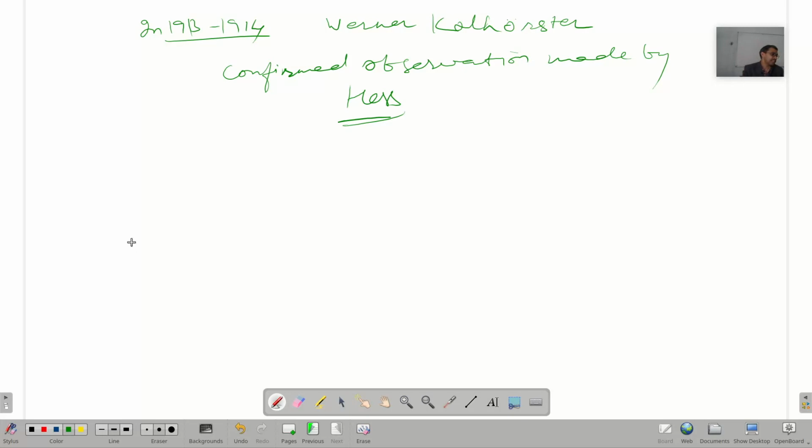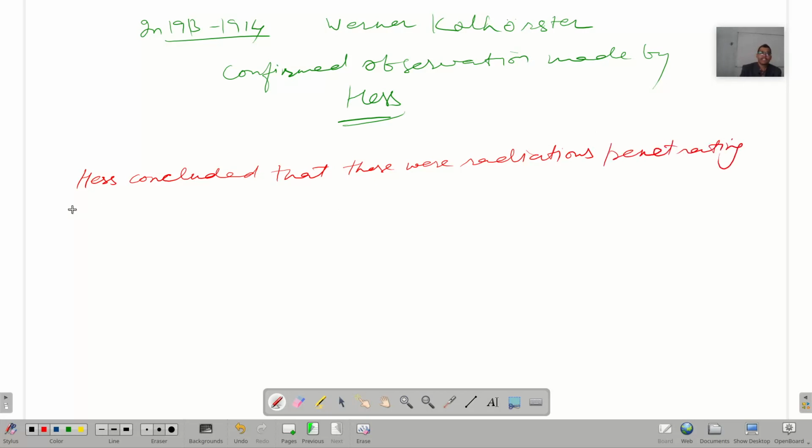So Hess concluded, on the basis of his experiments, that these were radiations penetrating the atmosphere from outer space.